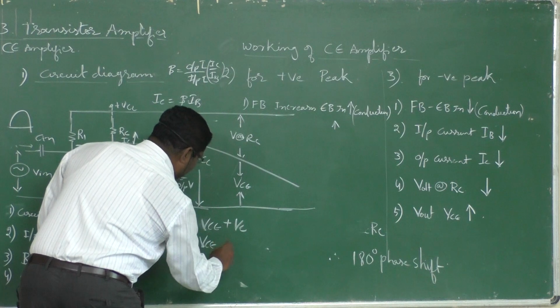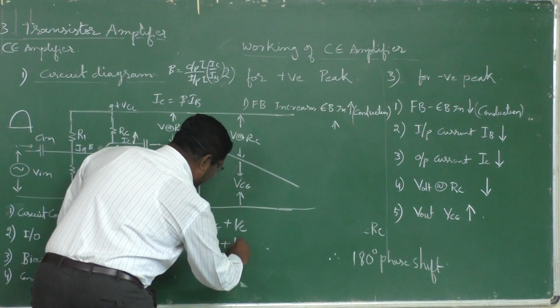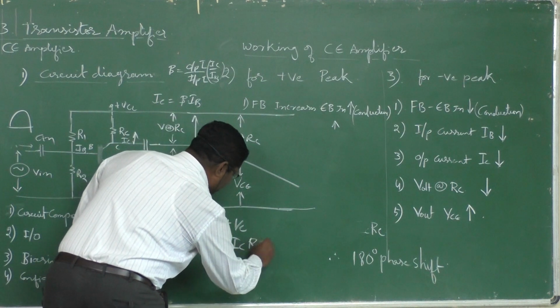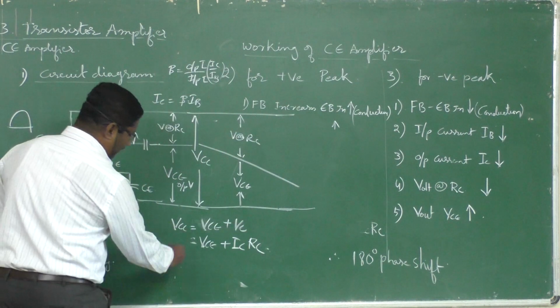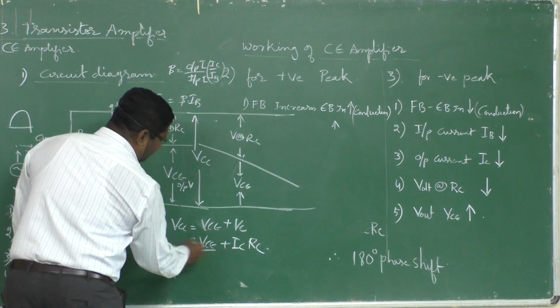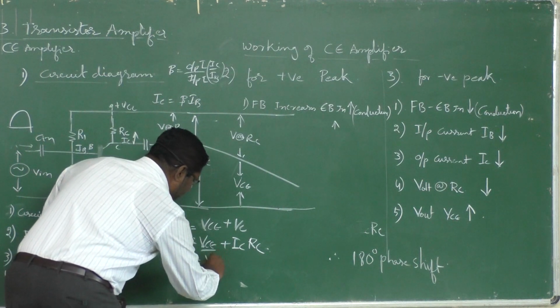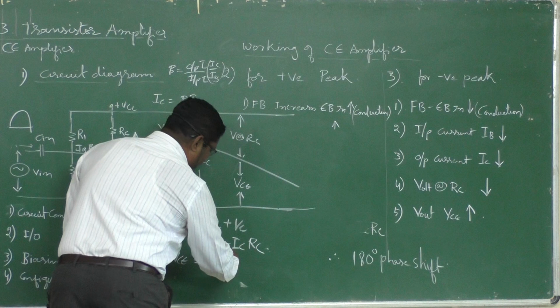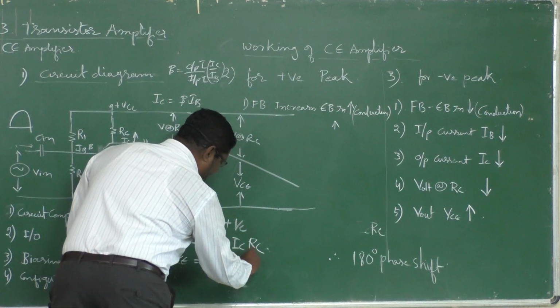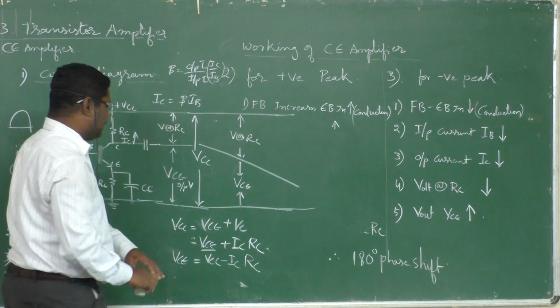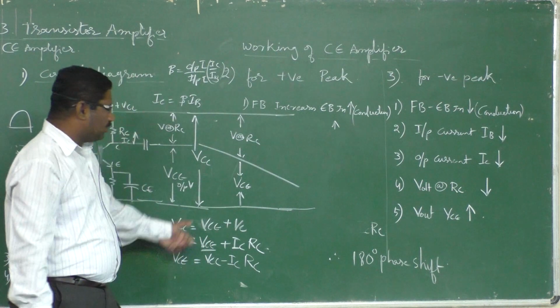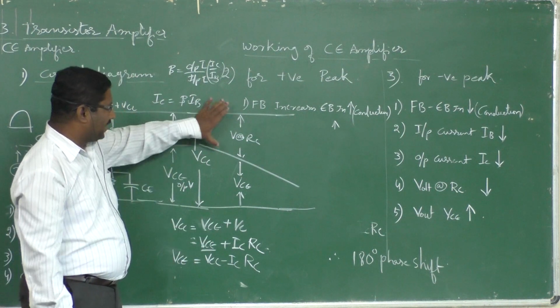VCE plus IC RC, because V is equal to I into R. And what we need is VCE. VCE, the output voltage, is equal to VCC, the total voltage, minus IC into RC. So like this it is happening. We are getting the output voltage as the total voltage minus this voltage.